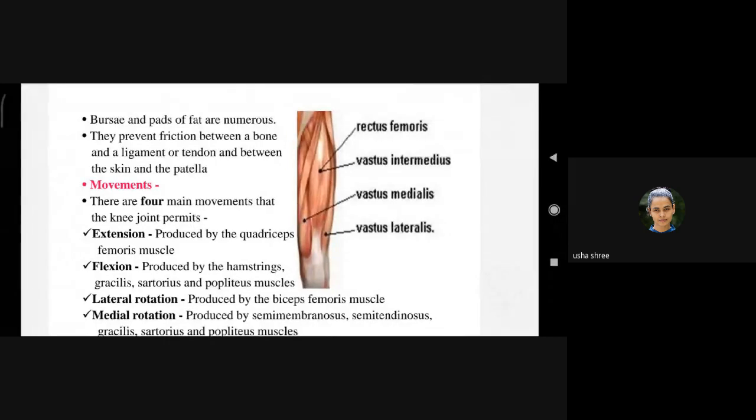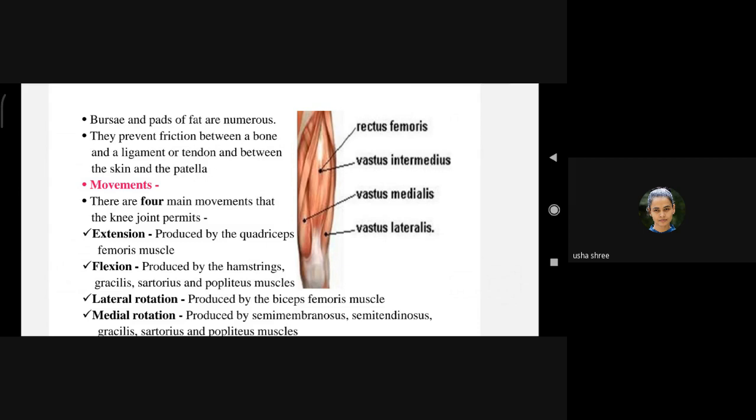Bursae and pads of fat are numerous, which I told you a few minutes ago. They are not fixed, there can be many. They prevent friction between a bone and a ligament or tendon, and between skin and patella.